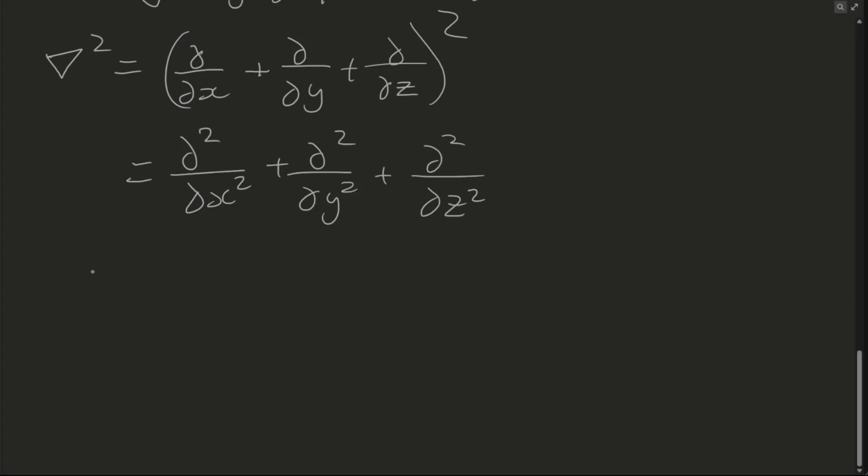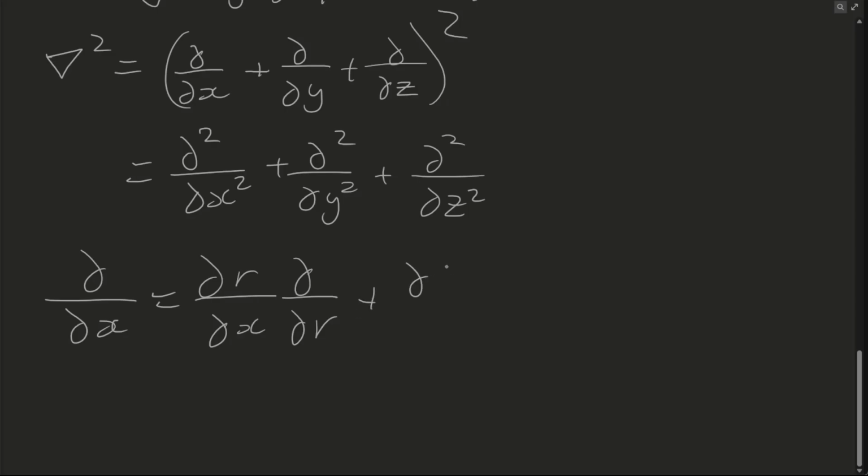So partial, we'll do it with respect to x first, and hopefully extrapolate for the others. What is this going to be? This is going to be partial r partial x times partial with respect to r, plus the same but for phi.